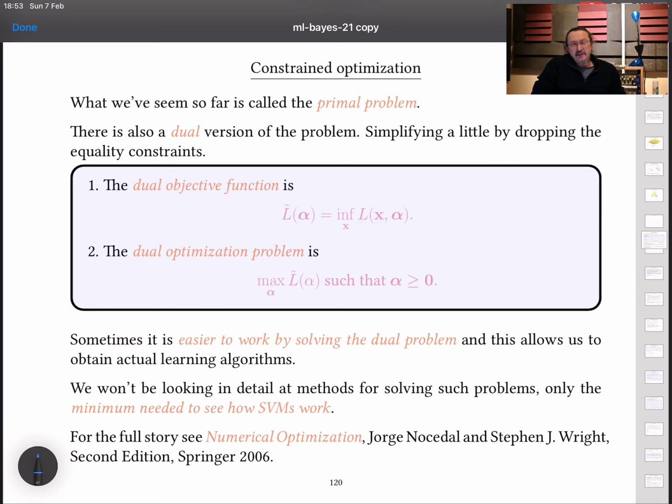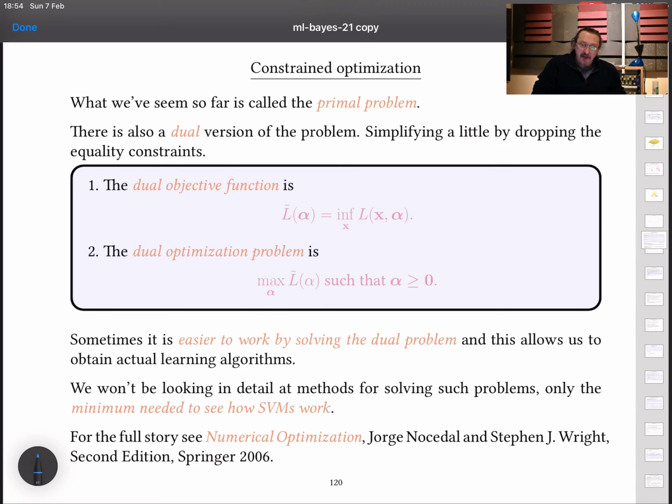What I've just described is called the primal problem for this kind of constrained optimization. There is also a dual problem, which I've stated here. Sometimes working with the dual problem is easier than working with the primal problem, but I emphasize I don't have time to get into the real numerical analysis.